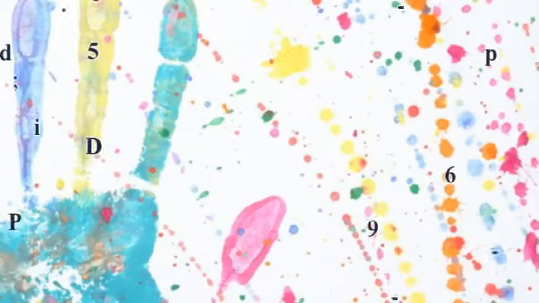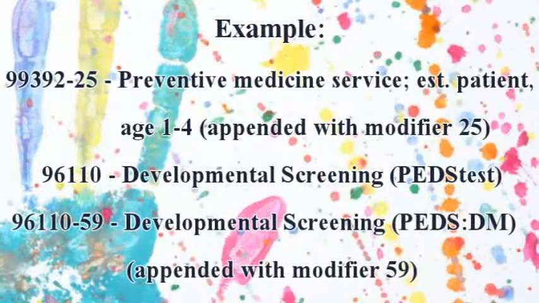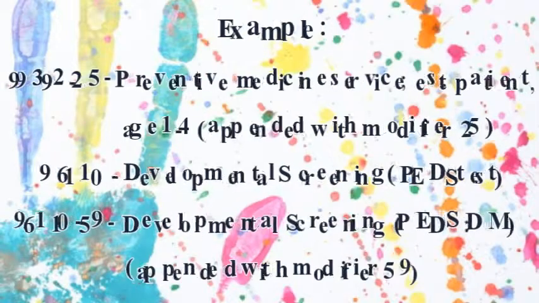For example, if the healthcare provider performs multiple standardized screens, such as the PEDS test with PEDS DM, then code 96110 will be reported with 2 units. Modifier 59 may again be required for each additional unit to indicate that the services were distinct.